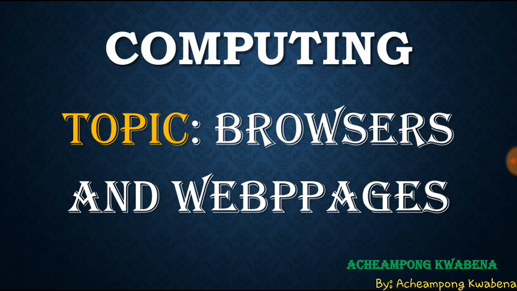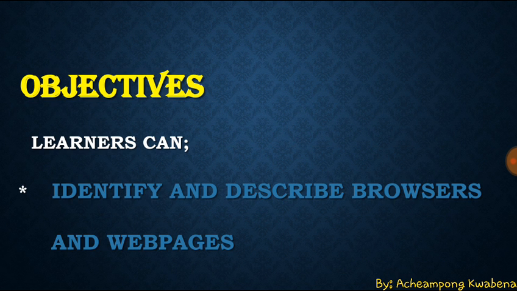We made mention of a browser as one of the major things that we need in order to access information or connect to the internet. So for today, we'll be looking at what a browser is. At the end of this lesson, you should be able to identify and describe browsers and web pages.